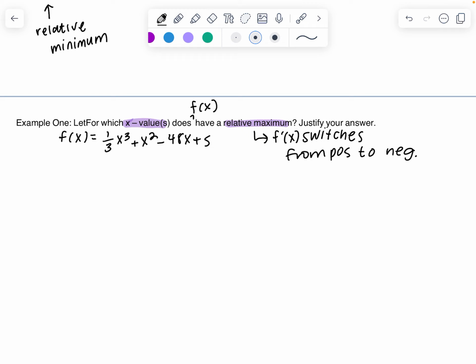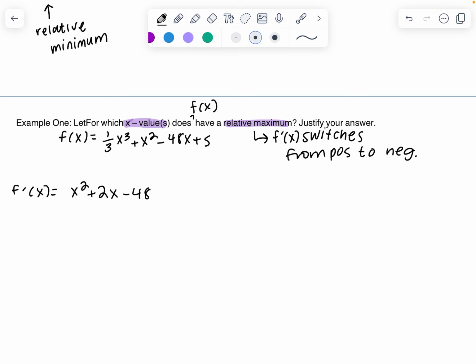Since we have the original function, we start off by finding the derivative. The derivative of 1/3 x cubed plus x squared minus 48x plus 5 is x squared plus 2x minus 48. To figure out where it's switching from positive to negative, we just use a sign test. The first thing we need to do is figure out where the switching occurs.